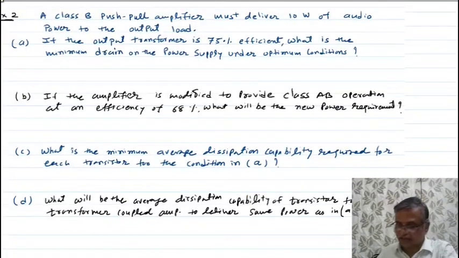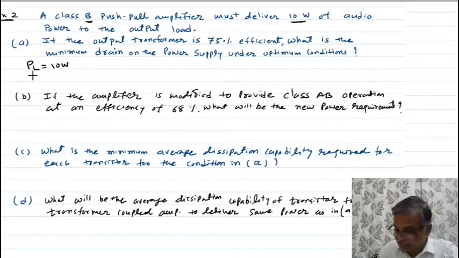Let us do the second numerical. It is a very good numerical for understanding the difference between the transformer coupled amplifier, class B amplifier and class AB amplifier. Look here. In the class B amplifier you want to deliver 10 watt, and they are asking you what is the power drawn.